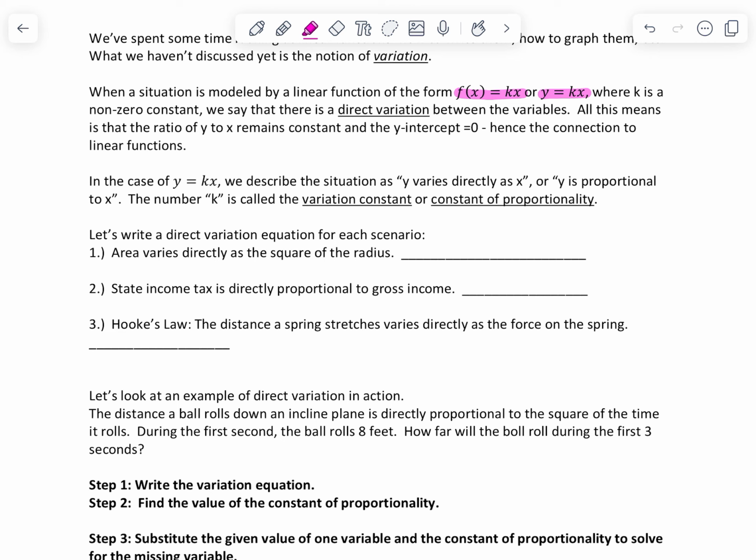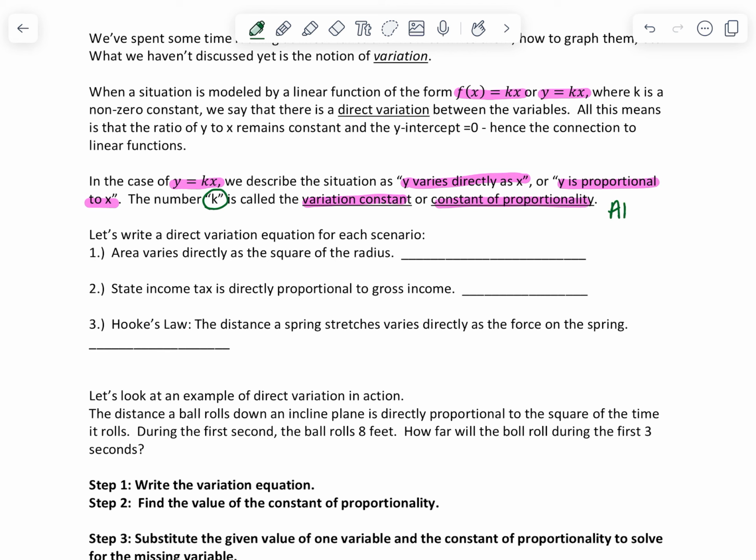In the case of y equals kx, sometimes we'll describe this as y varies directly as x, or y is proportional to x. And the number k, now I know it's strange that we call it the number k, but remember this is a constant, meaning it is a number. We call that the variation constant, or the constant of proportionality.